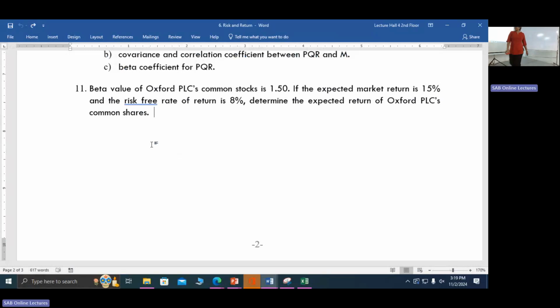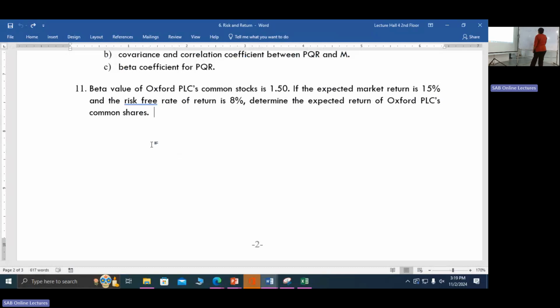Expected return or required rate of return, both we are using. There is a difference, but I am not going to explain that difference now. According to the CAPM, expected return is equal to the risk-free rate of return plus beta coefficient into market return minus risk-free rate.